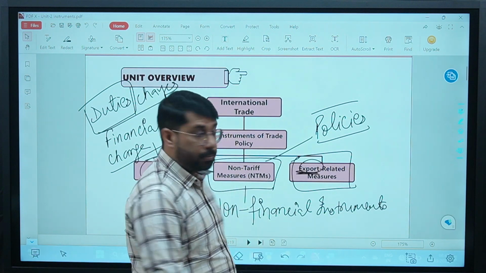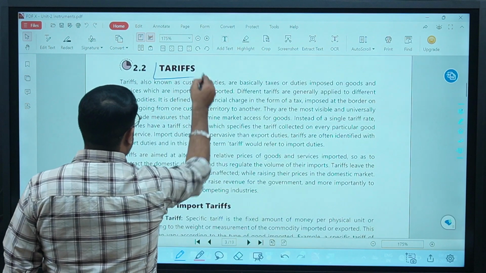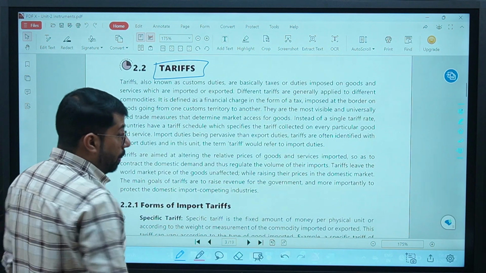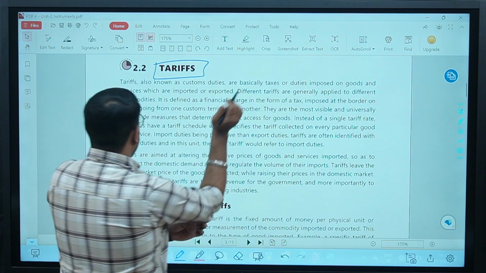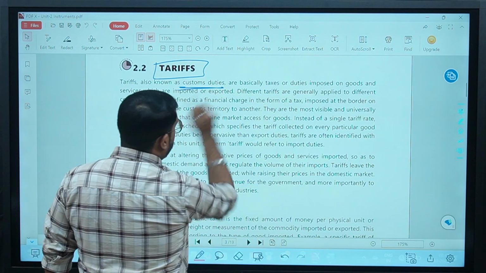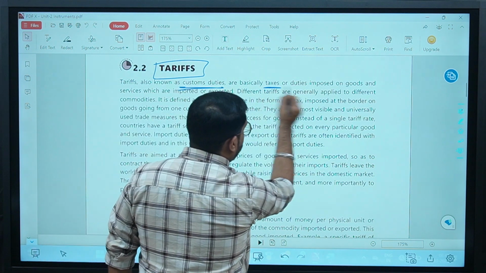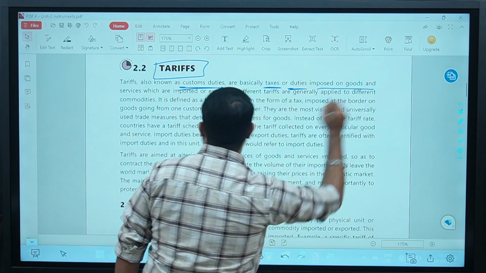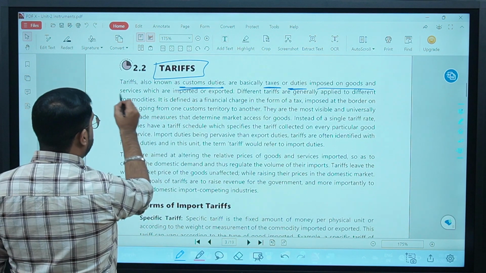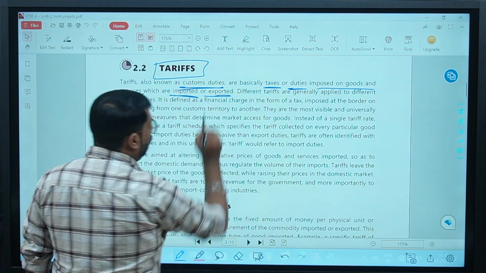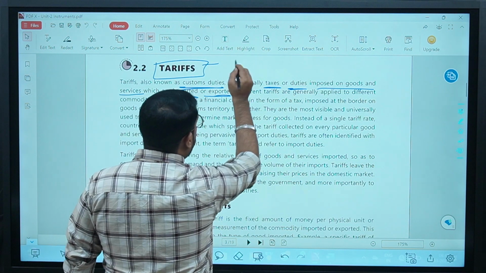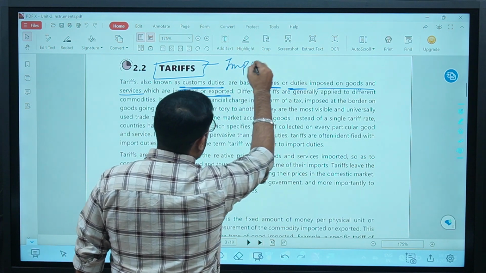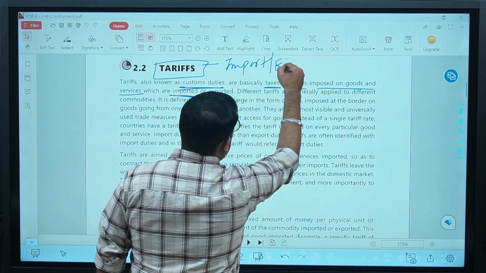People, yes? Yes, sir. People, the very first thing we are going to talk about is the tariffs. Now pay attention, right? As I told you, tariffs are also known as custom duties. They are what? Taxes or duties which are imposed on goods and services which are imported or exported. As I told you, these tariffs are not only imposed on import, they are also imposed on export.